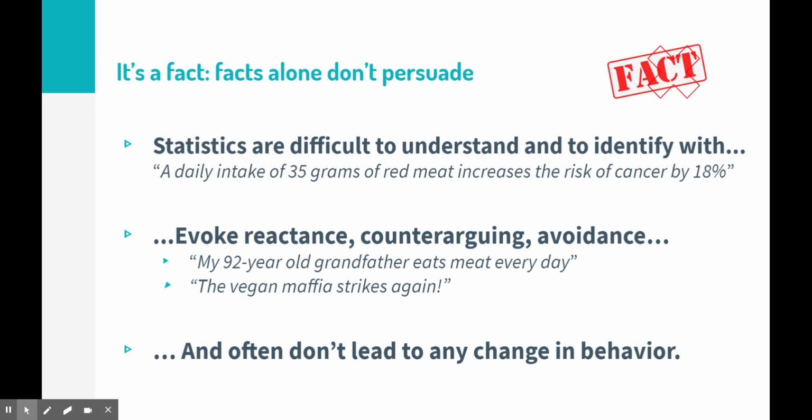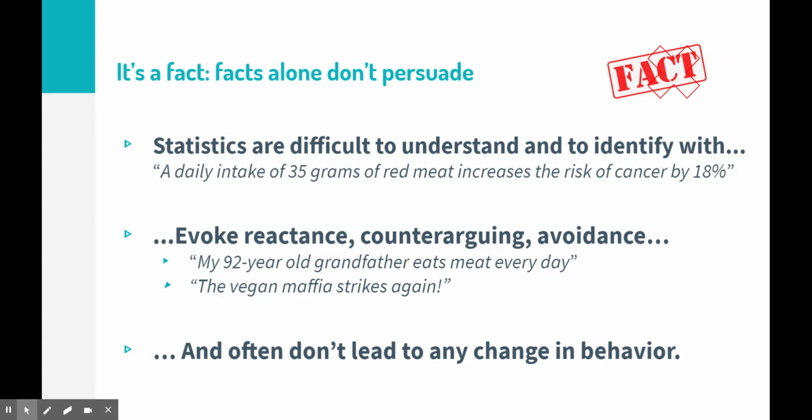Now, a lot of research has shown that narrative persuasion often works better than simply presenting facts to people. And there are basically two main reasons why these stories often work better than simply providing facts. First of all, facts are often difficult to understand, and it's also more difficult to identify with them.